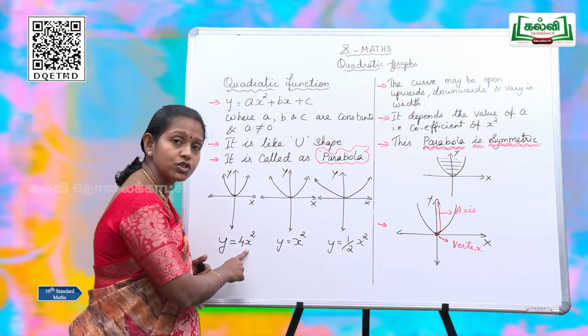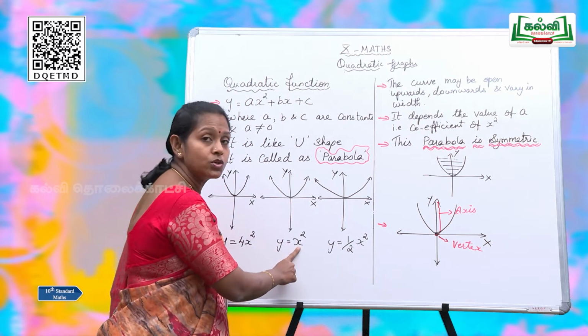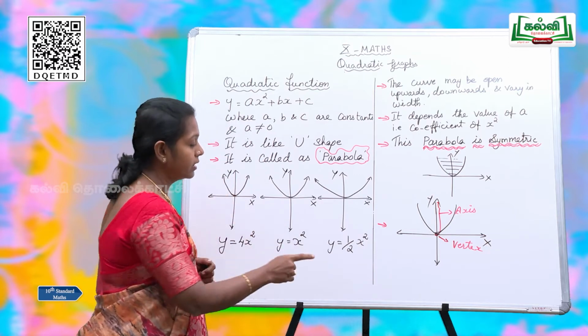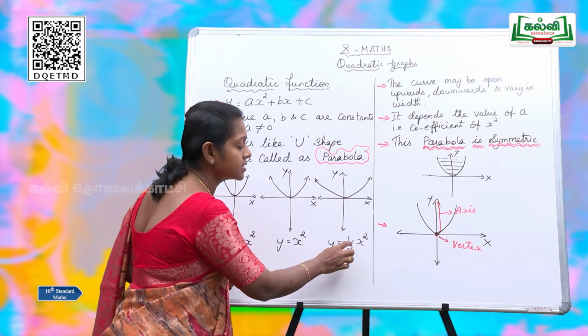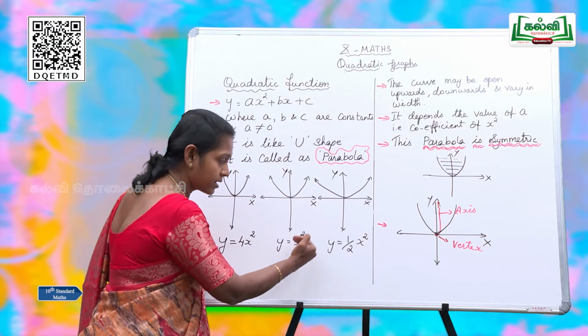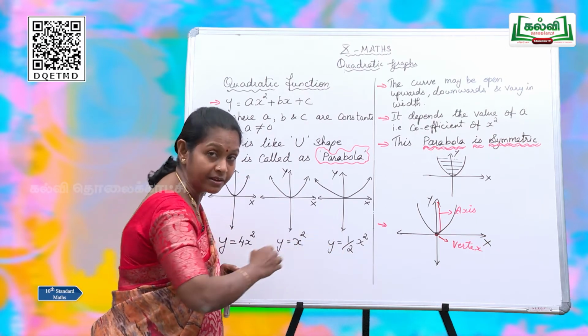So what is the coefficient of x squared here? 4. And here y equal to x squared. The coefficient of x squared is what? 1. Here half of x squared. The coefficient of x squared is half. So gradually from 4, 1, half, the coefficient of x squared is gradually decreasing.